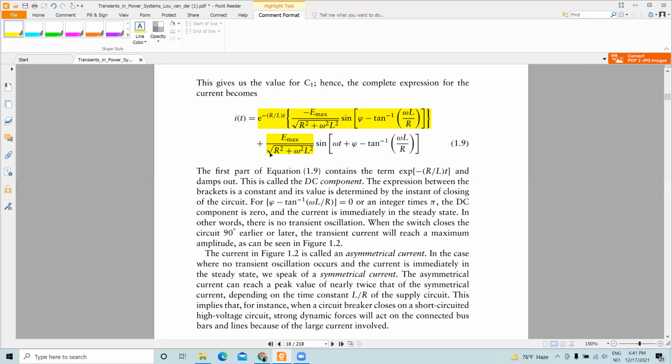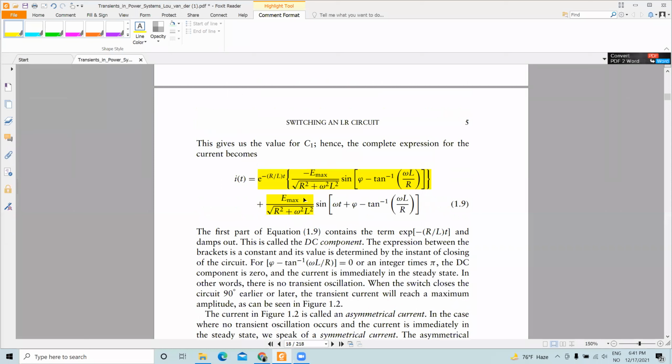So this is the square root of r square plus omega square L square, the magnitude of the impedance. So Emax divided by the square root of r square plus omega square L square will give you the current magnitude, and it will have a sinusoidal part like this.